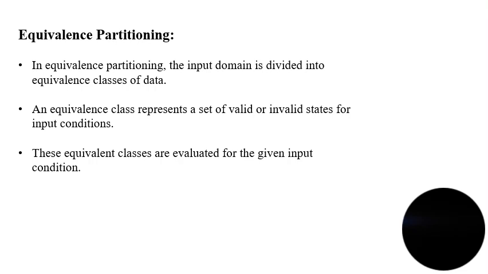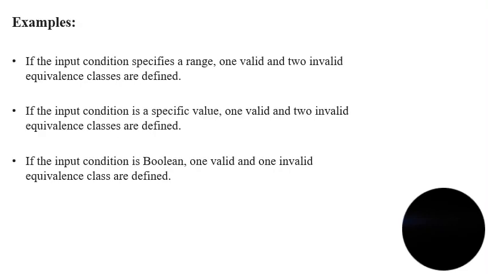Equivalence classes represent the set of valid or invalid states for input conditions. These equivalence classes are evaluated for the given input conditions. For example, if the input condition specifies a range, one valid and two invalid equivalence classes are defined. If the input condition is a specific value, one valid and two invalid classes are defined. If the input condition is Boolean, one valid and one invalid equivalence class are defined.